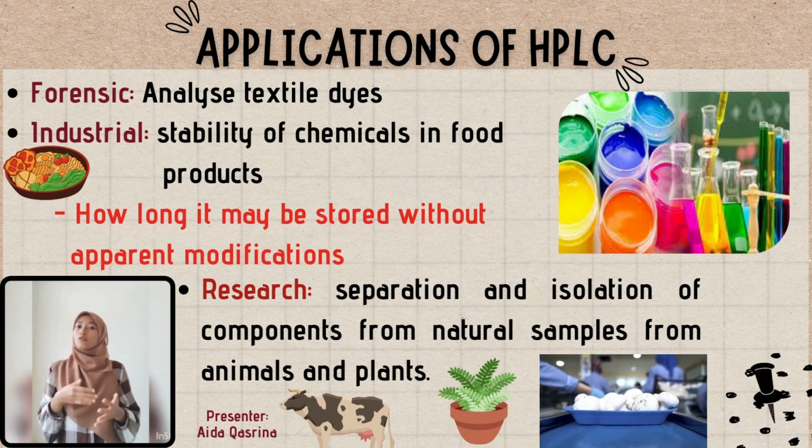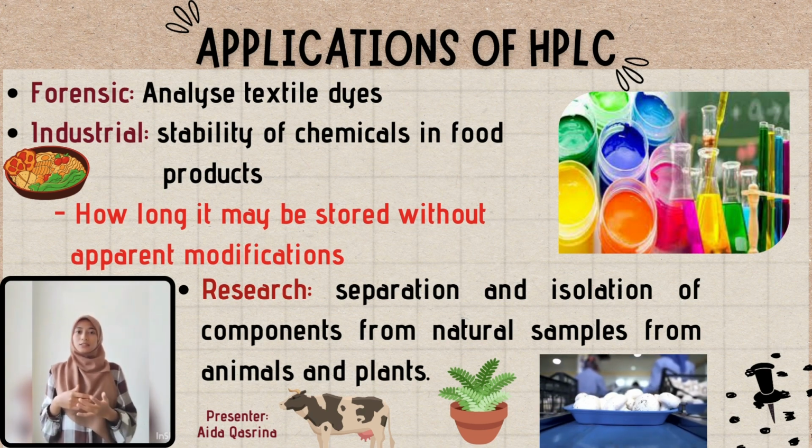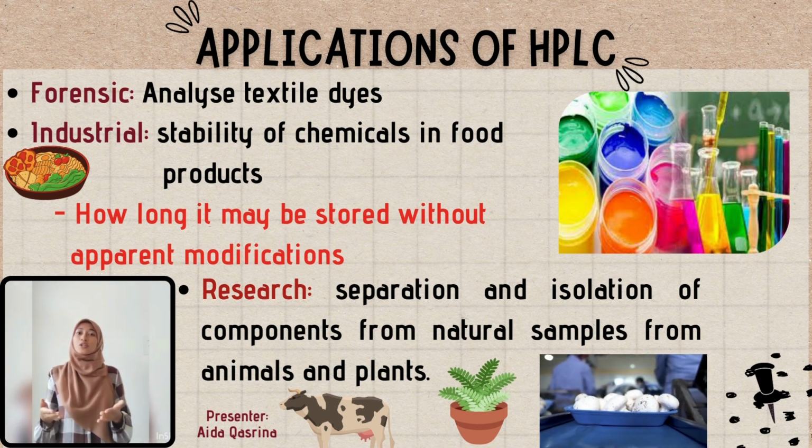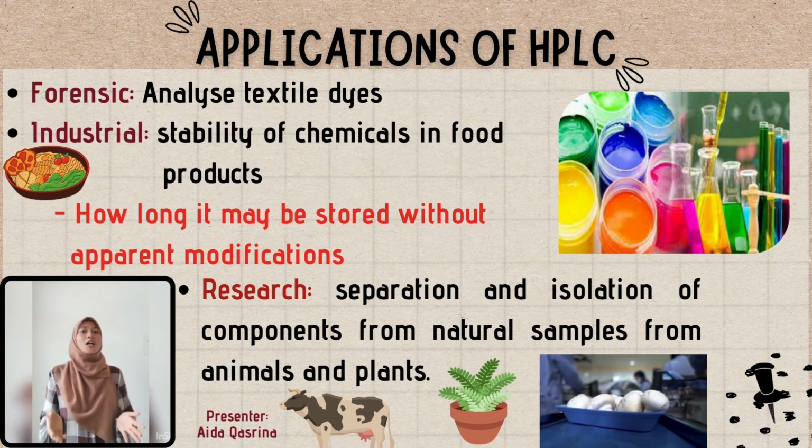The modification of food could be physical or chemical. Lastly, during research, HPLC is also useful for separation and isolation of components from natural samples from animals and plants.